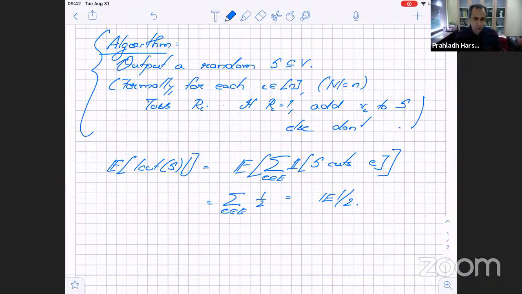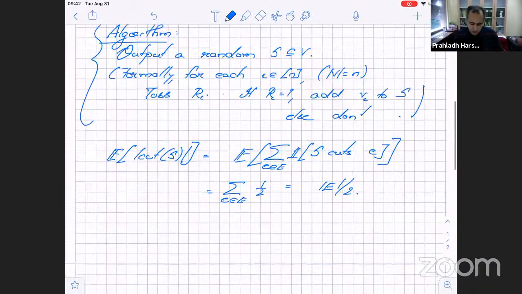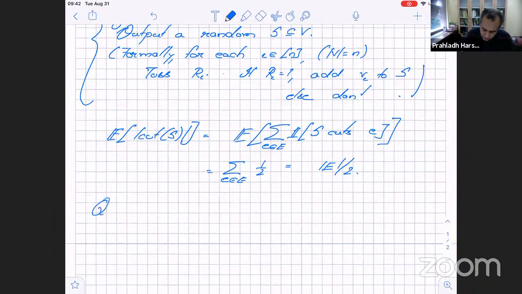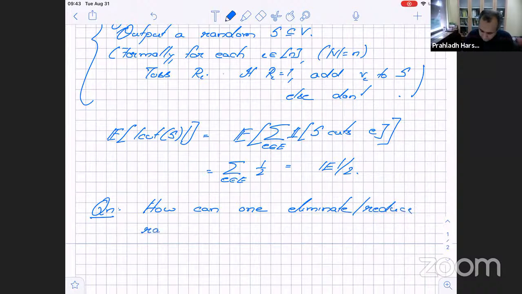Now, what's one way to do it? The question we're going to ask is, how can one eliminate or reduce randomness in the above algorithm?